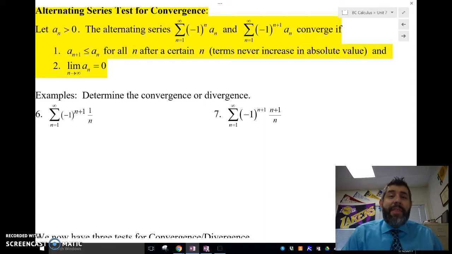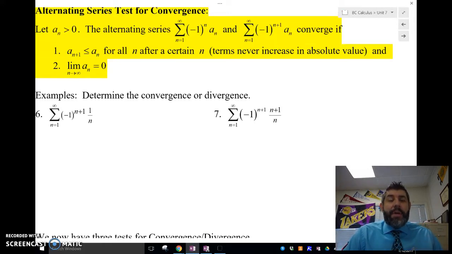Now, remember the nth term test for divergence stated that if the limit as n approaches infinity of a sub n is not equal to 0, then the series diverges. But if it was equal to 0, the nth term test for divergence was inconclusive. We didn't know if it diverged or converged.